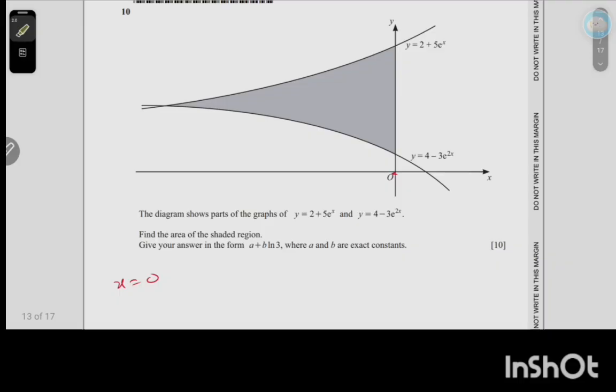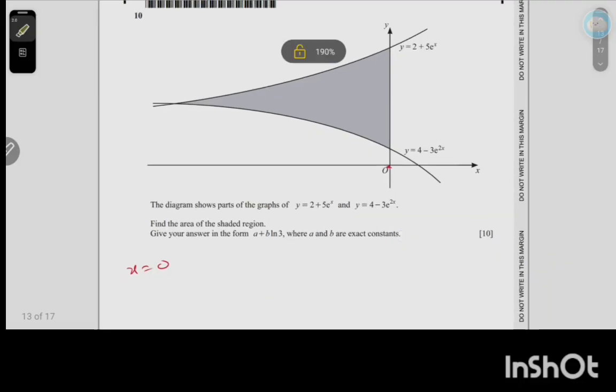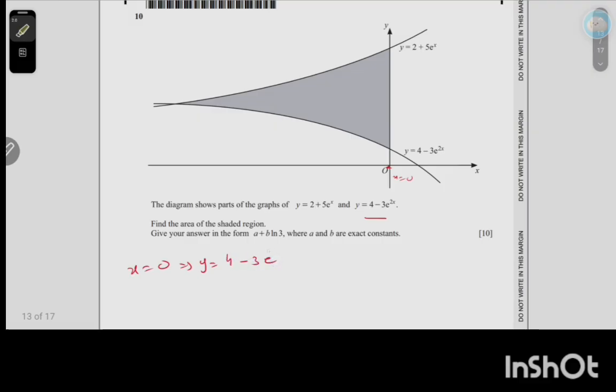Okay, here at this point x is 0. Put it into the equation y equals 4 minus 3 e power 0. So y equals 4 minus 3, y equals 1. So this point is (0, 1).